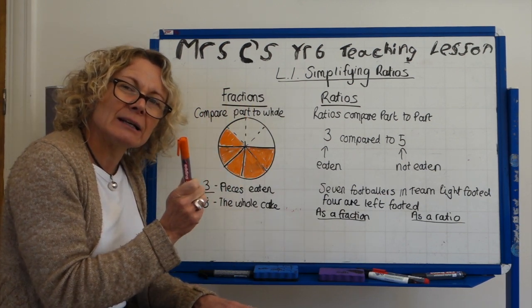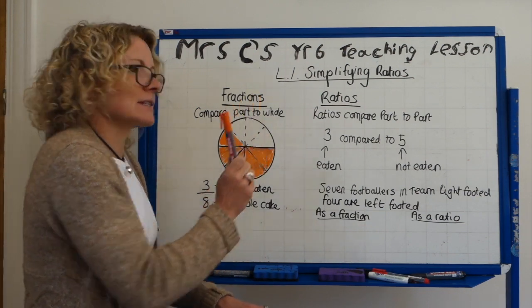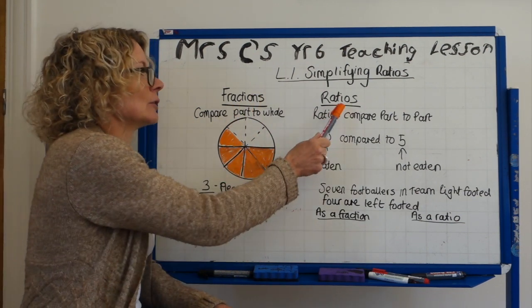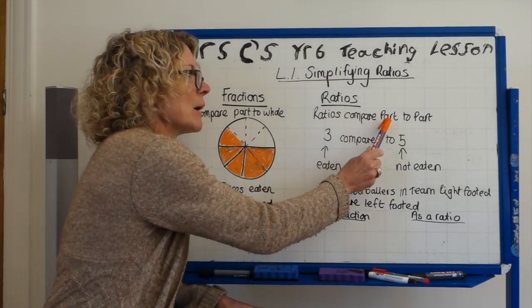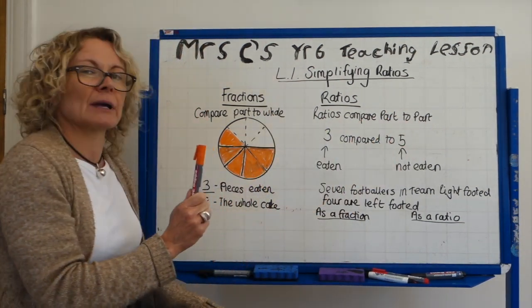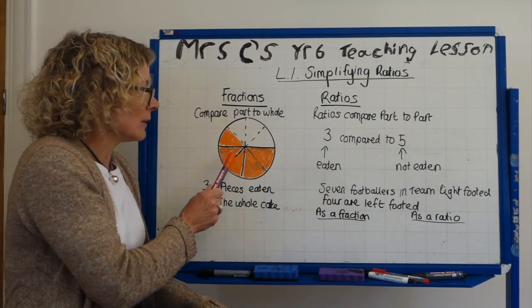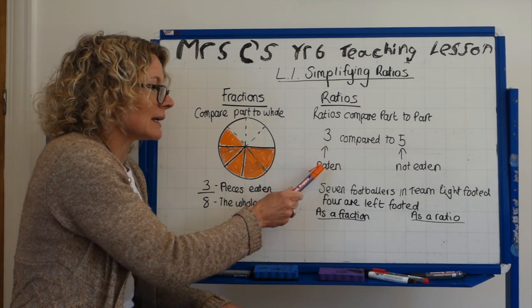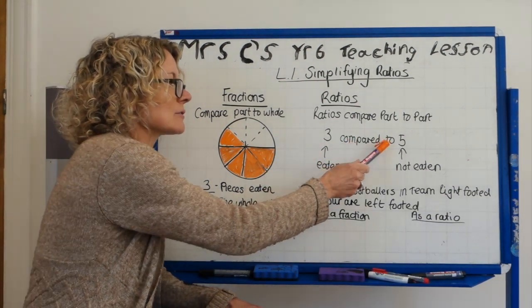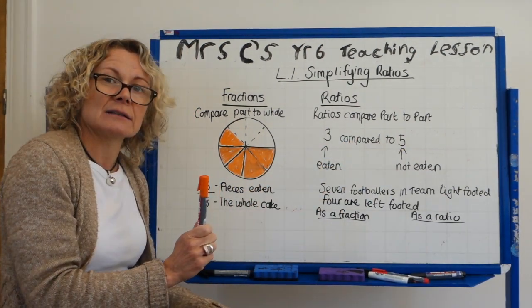Ratios are similar but different, because this is exactly the same bit of data we're going to use and put it as a ratio. Ratios compare part to part, okay? So the ratio for this cake here, for this bit of data here, would be 3 eaten compared to 5 not eaten.